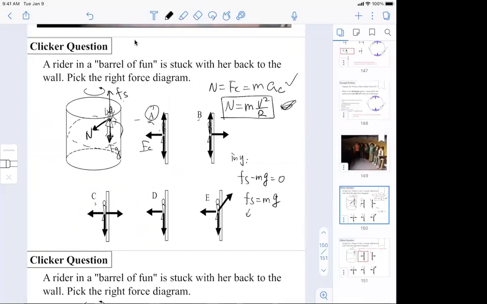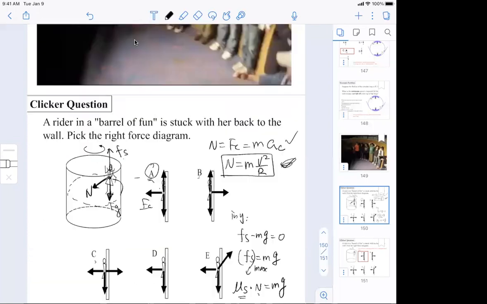And the maximum amount of friction you need is mu of S times normal force equals mg. So you could plug in the normal force and you will be able to find mu of S. So that is one of the questions on your homework. Hopefully after going through this, you will be able to answer that particular question. But if you can't, you can always wait until we finish our class on next Tuesday, okay?